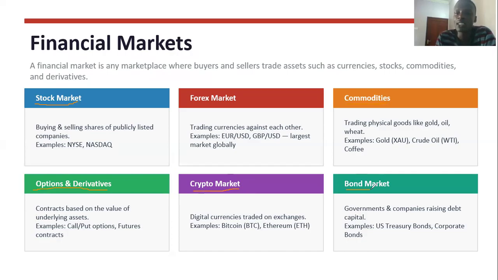These are mainly within various countries and are government related, where governments and companies raise debt capital. This could be US Treasury bonds, corporate bonds, and various countries have these.